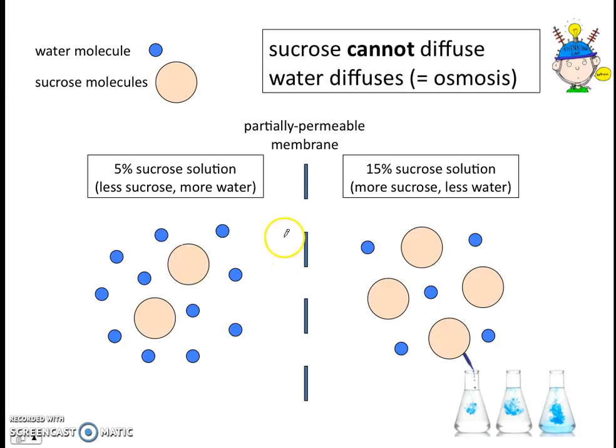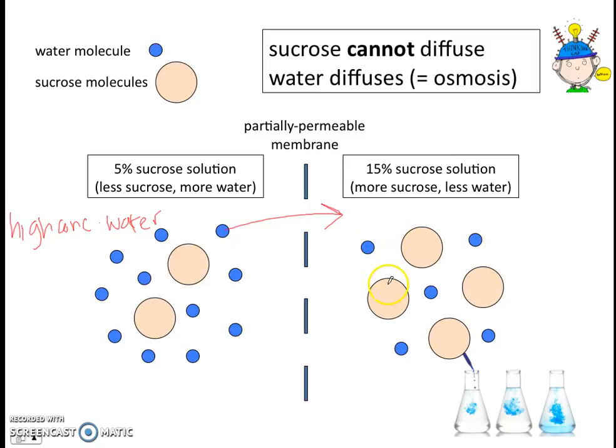Now I hope you had a good time thinking about that question, and hopefully you thought something along the lines of this: water molecules would move from the 5% solution on the left over to the other side, because the concentration of water molecules on this side is much higher than the other side.